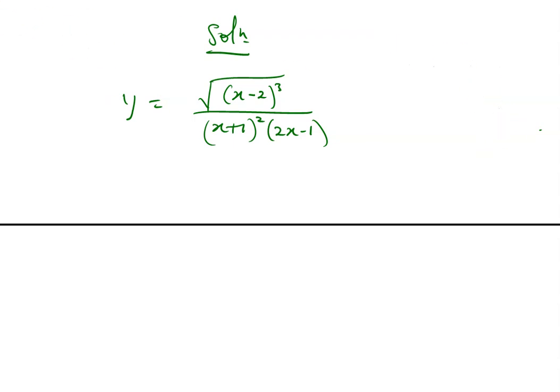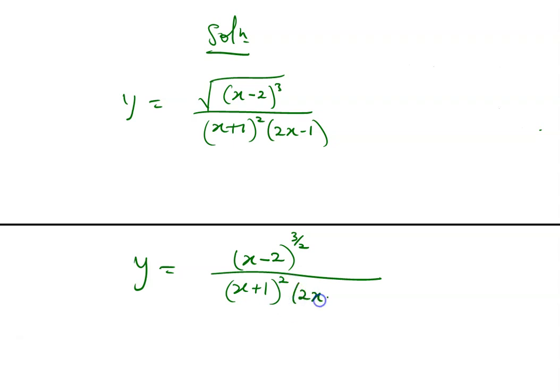We are going to get y equals (x minus 2) to the power 3 over 2, all over (x plus 1) squared times (2x minus 1). Very good.